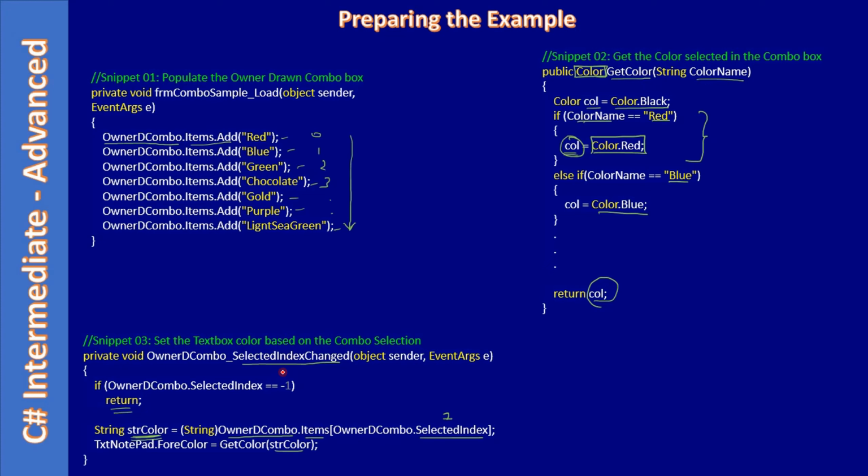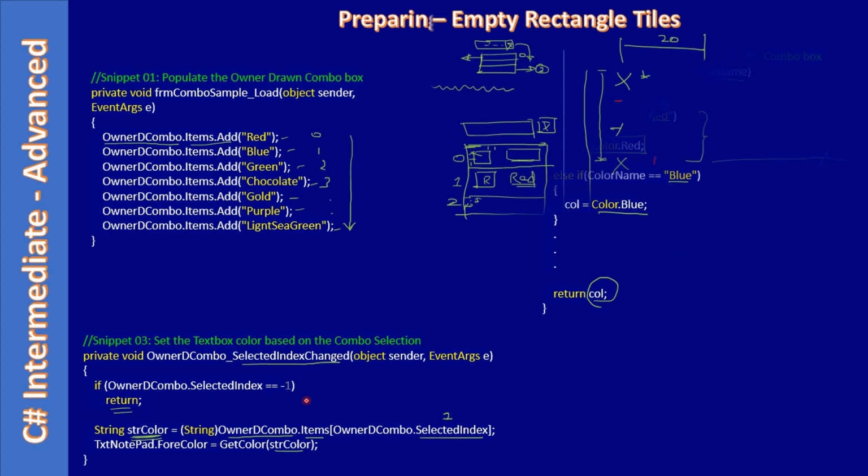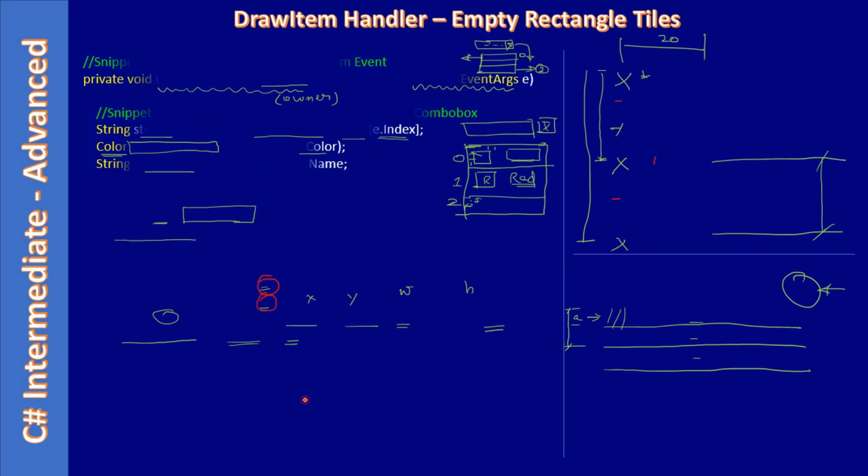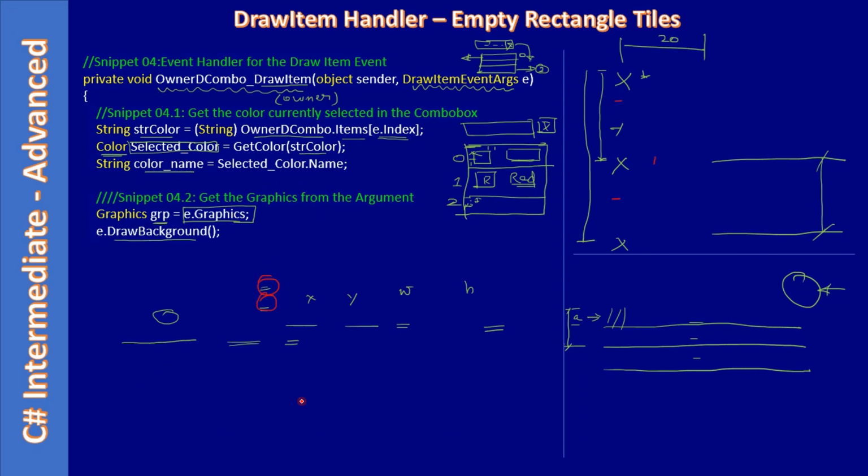Then we handled the selected index changed event as well, where we take the color and apply it to the multi-line text box. Then we started implementing the draw item handler, and we stopped at drawing the tiles, I mean the outline of the tiles. In this video we will continue with the draw item implementation.